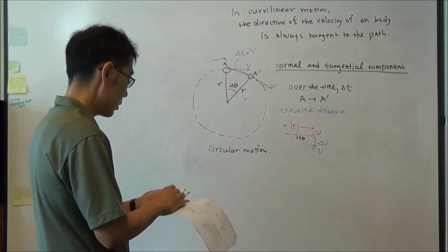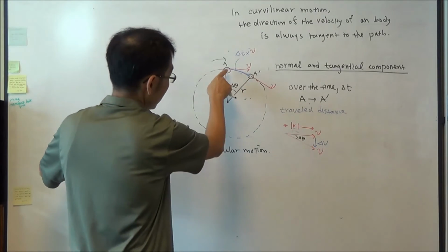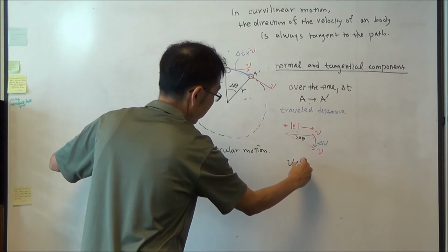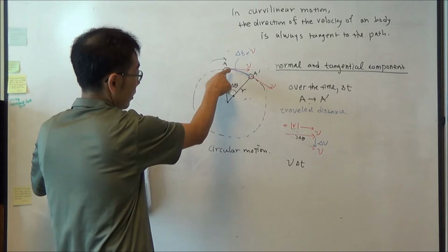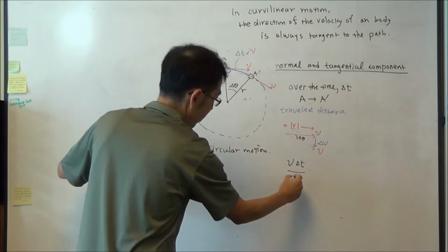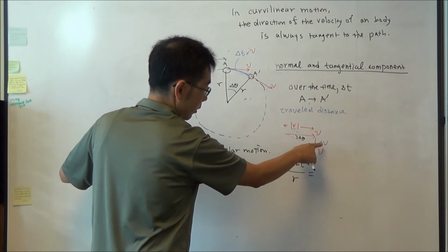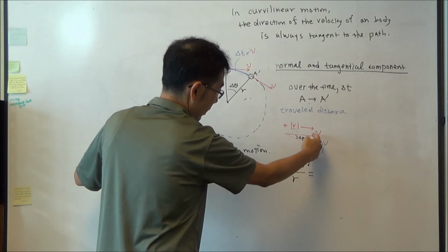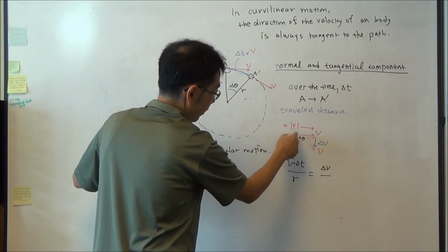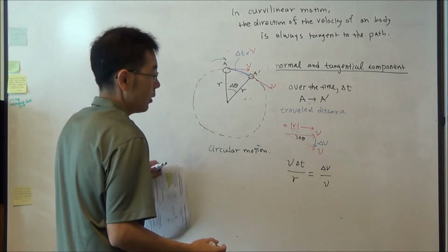For example, one side of the big triangle, which is v delta t, over the radius R, is equal to, in this other triangle, this side length delta v over the length of this side, which is v, right?